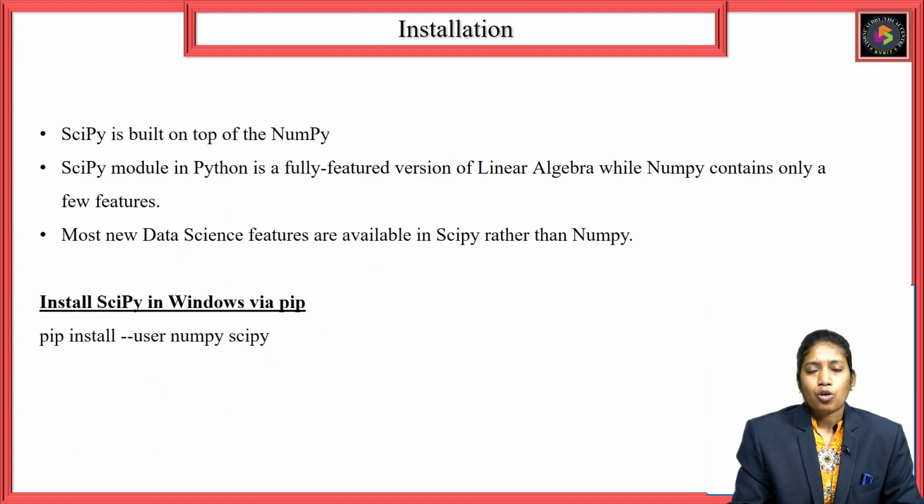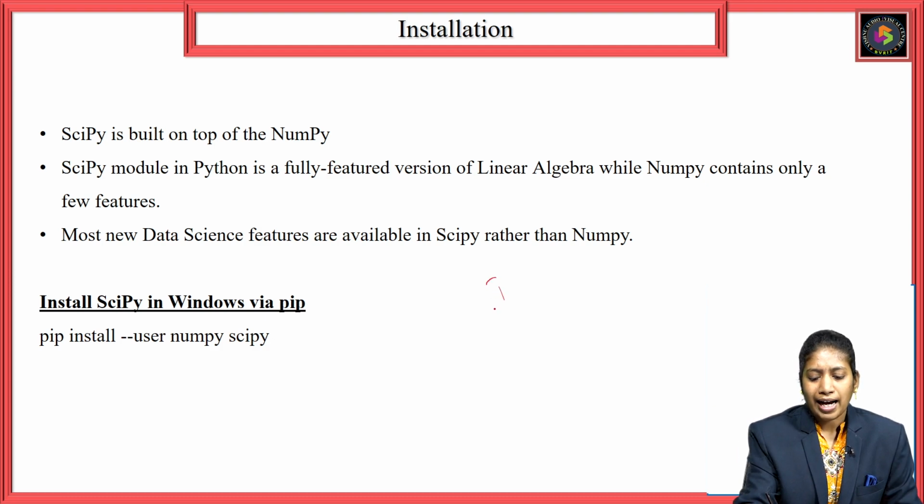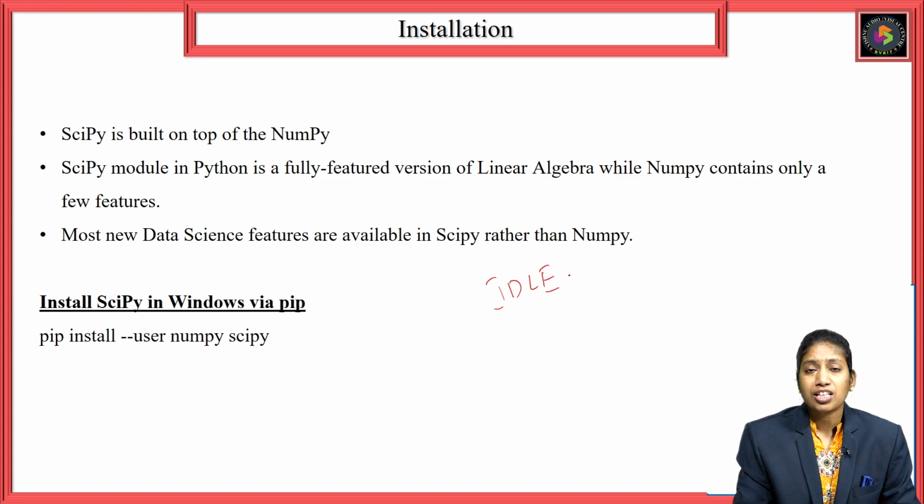So how do we go about the installation? We already know that Python ideally does not have all these packages, so we need to explicitly install them with the help of pip. Pip stands for preferred installer program. With pip, we can install any packages and libraries onto our PC.